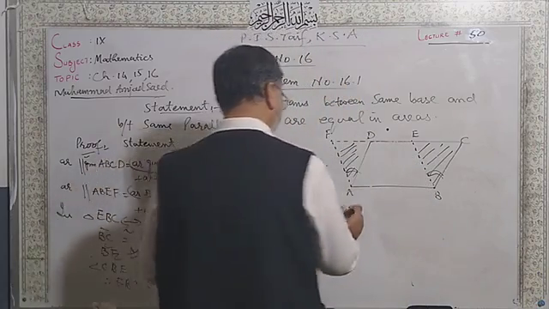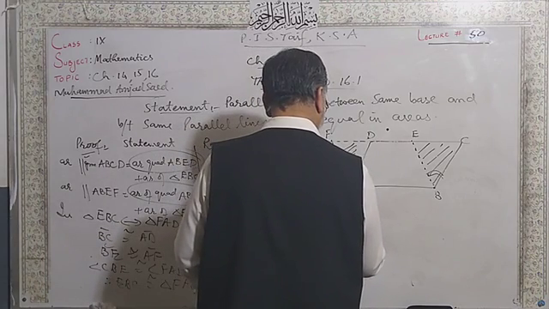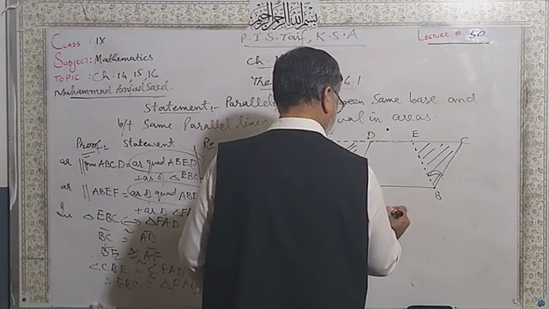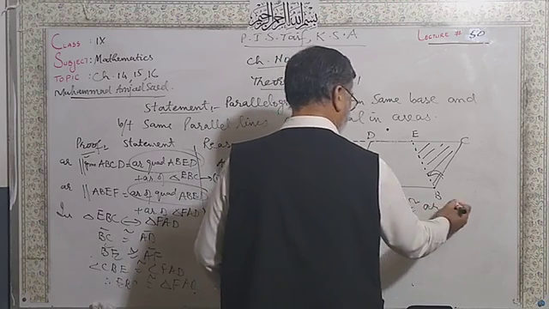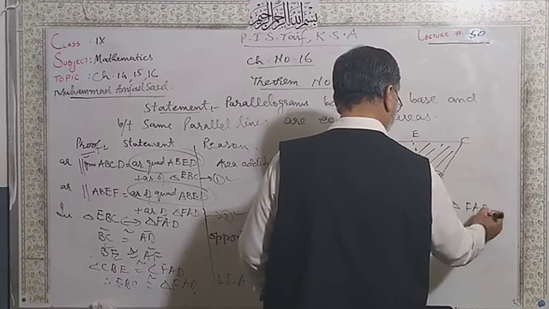Hence, therefore, area of triangle CBE is congruent to area of triangle FAD.